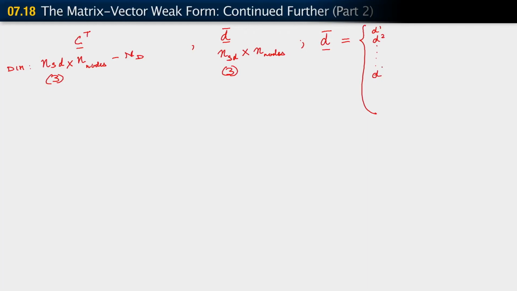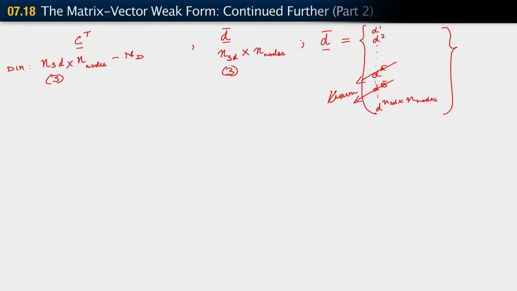So when we come to d A bar, d B bar, going all the way down to d n sd times number of nodes, what do we know about d A bar and d B bar? We know them. These are known.